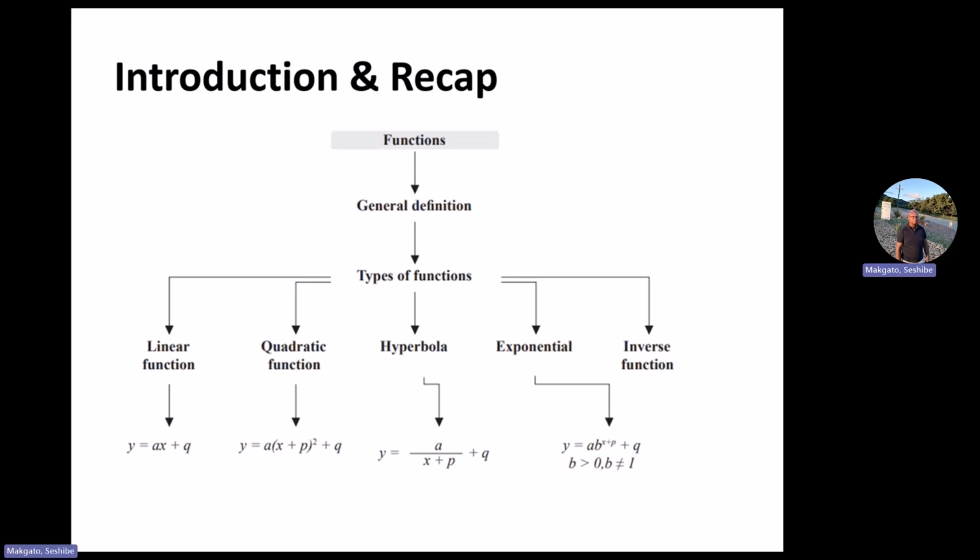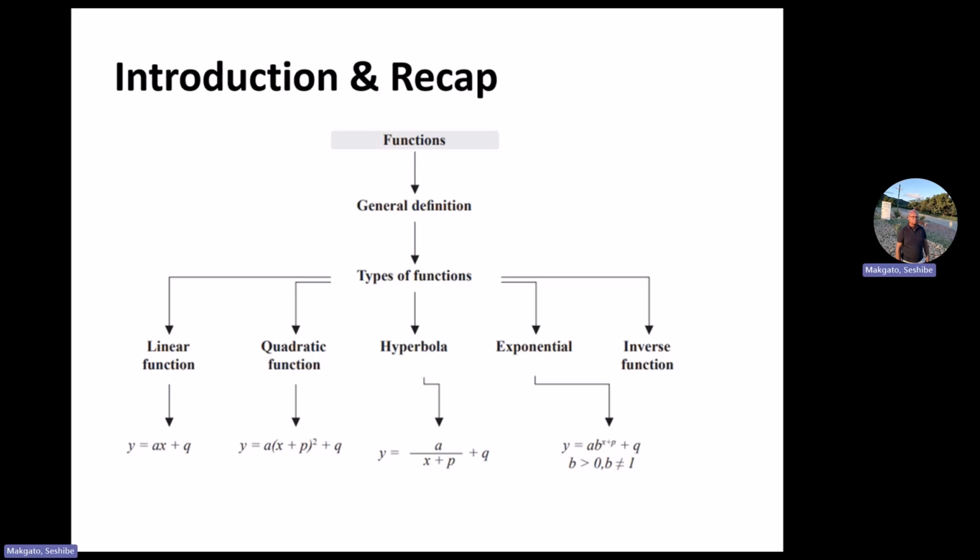All right. So in terms of the introduction and the recap, what are these functions basically? In terms of the general definitions, we have different types of functions. We're either talking about linear functions. Those linear functions are defined by the equation y = ax + q, which is generally known as y = mx + c, where your a in this case is the gradient of that particular linear function.